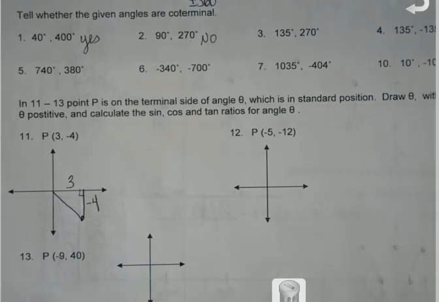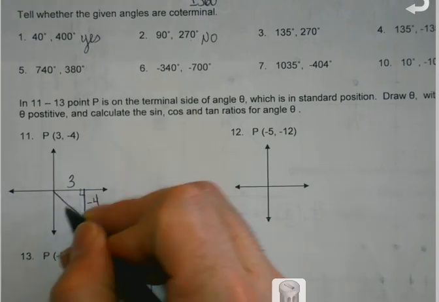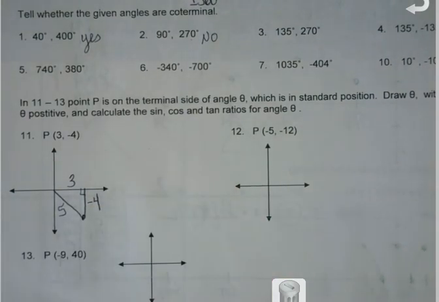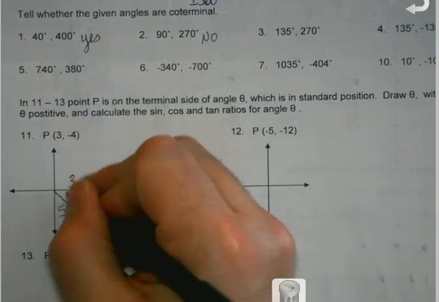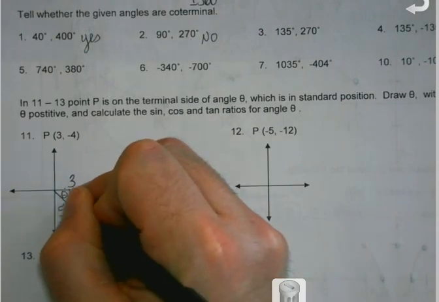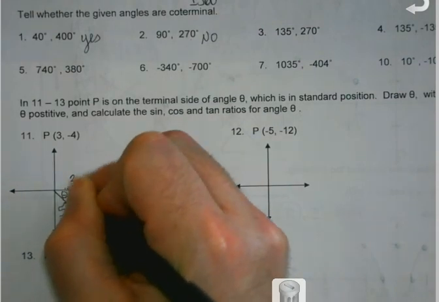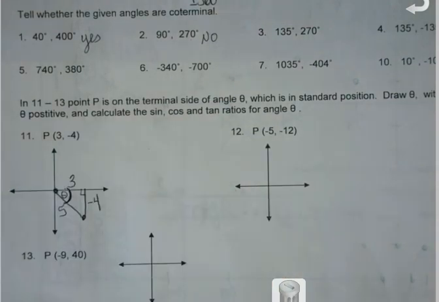Well, I see this is a perfect right triangle. Get a Pythagorean triple working. 3, 4, 5. And then again, calculate sine, cosine, and tangent based on those 3 sides, and my reference angle, again, always being the angle that's connected back to my origin. So I do that for those 3.